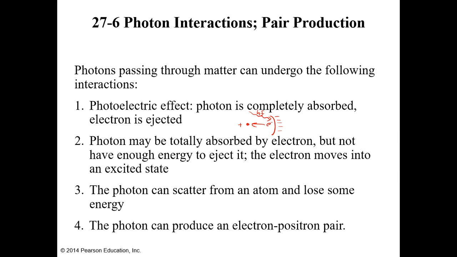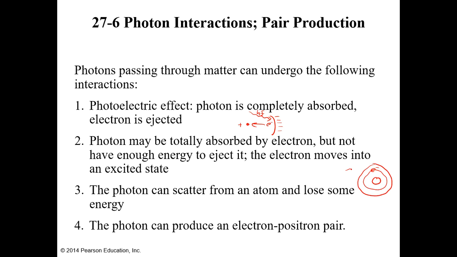Photons can also be totally absorbed by the electron, but without enough energy to eject it. And so the electron then moves to what we call an excited state. We'll talk about this more with Bohr's model of the atom in our final video. There's a nucleus, and these are what we call electron orbitals.